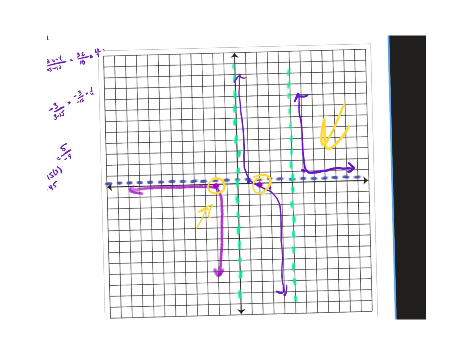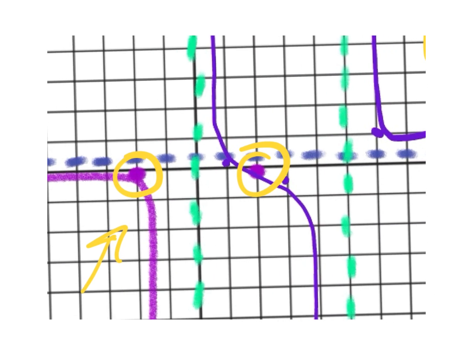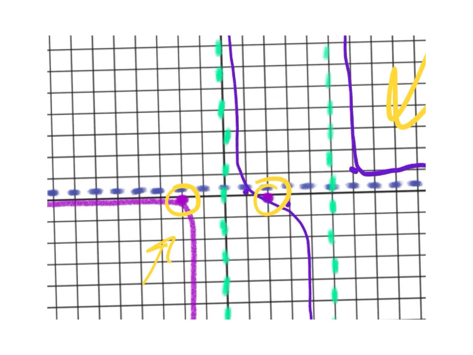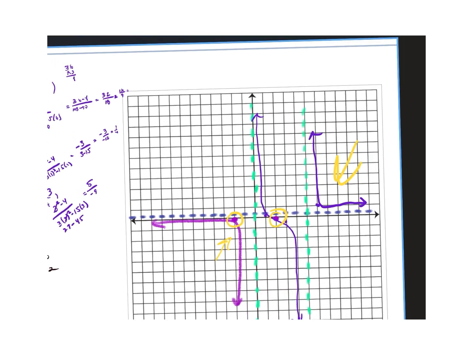So I picked a point to the right of the vertical asymptote, plugged it in, and figured out whether the y value is above or below the horizontal asymptote. Same thing in the middle. I had one intercept, but I didn't know if this was going to make a parabola or a snaky thing. So pick a point to the left, pick a point to the right. You cannot go wrong with picking points and plugging in.